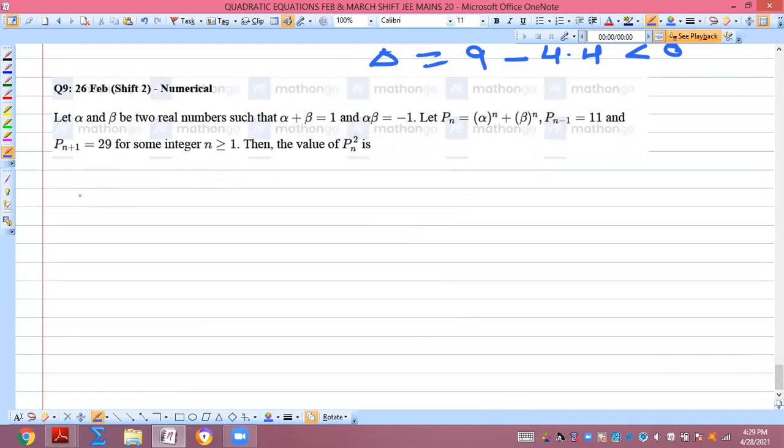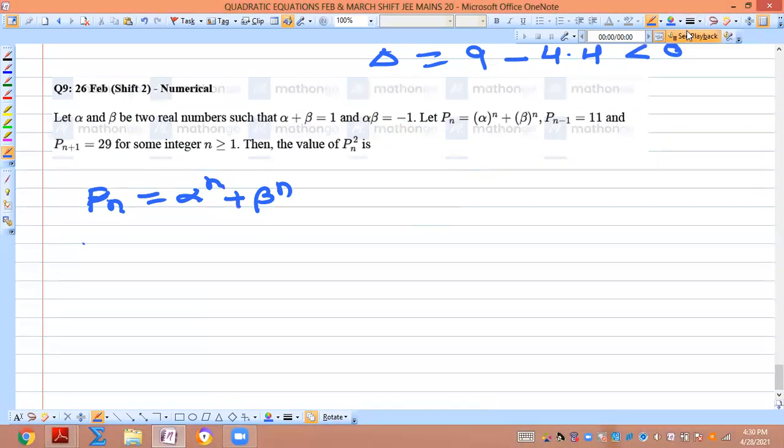Pn they given as alpha power n plus beta power n. Okay, so p1 is clearly visible. P1 is 1 only.